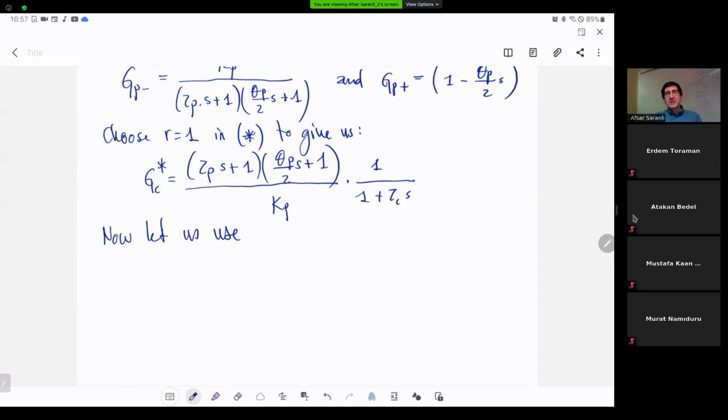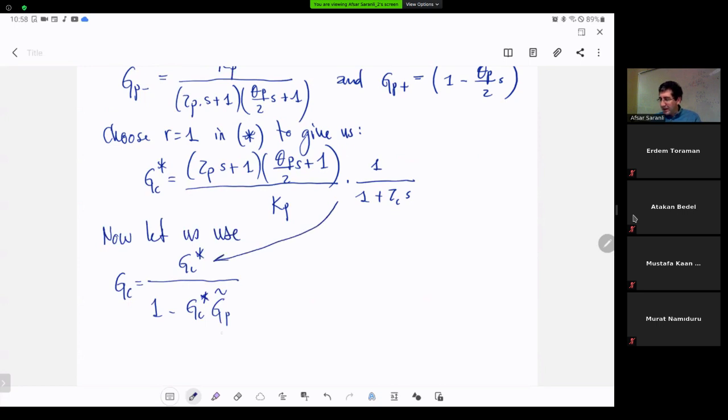So what we will do is transform this GC star into its equivalent in an output feedback architecture. Now let us use our expression, which we had derived before, where GC is equal to GC star over 1 minus GC star GP tilde. Now I have GP tilde and I have GC star from here.